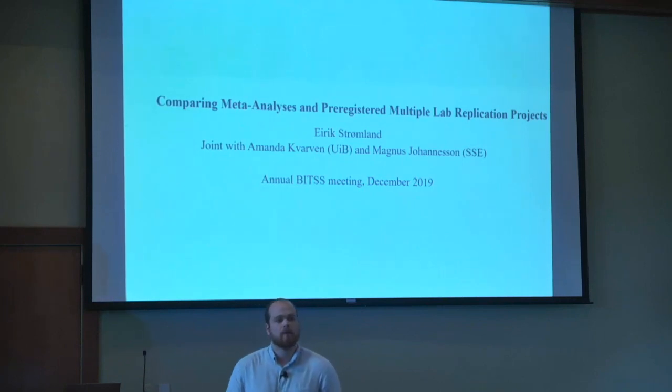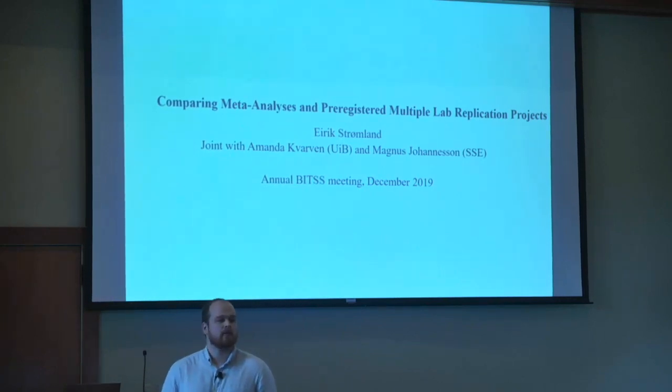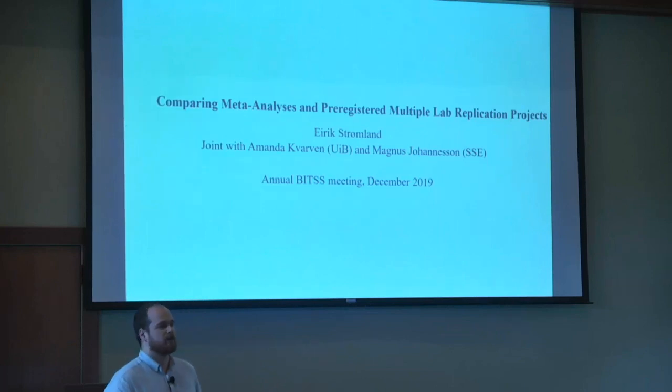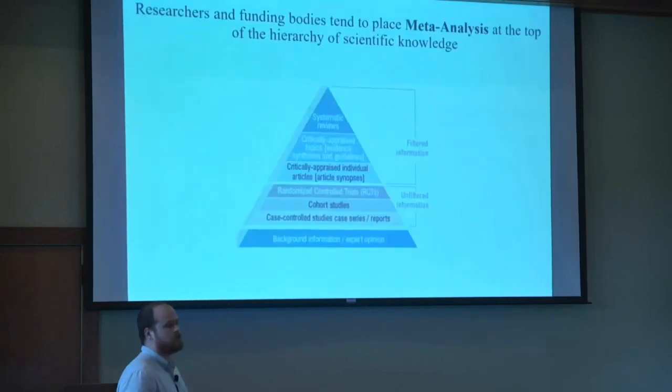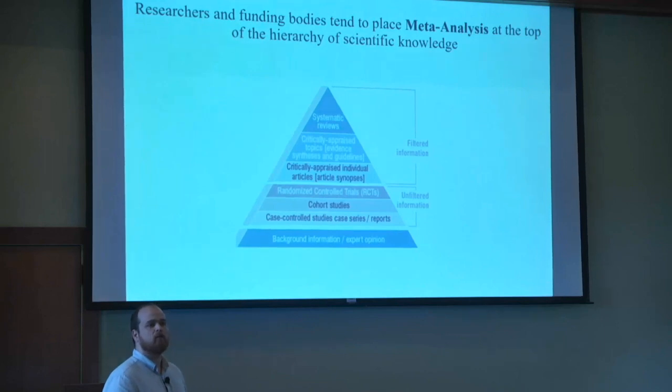First of all, there has been an increased use, almost exponential increase, in the use of meta-analysis across different sciences for the last 30 years. And second, typically researchers and funding bodies tend to place meta-analysis or quantitative systematic reviews at the top of the hierarchy of scientific evidence.